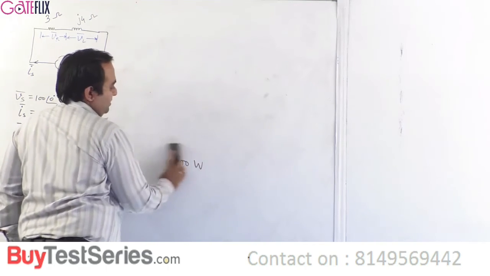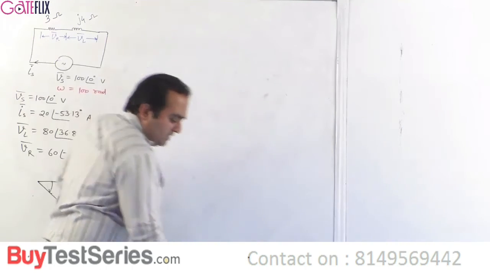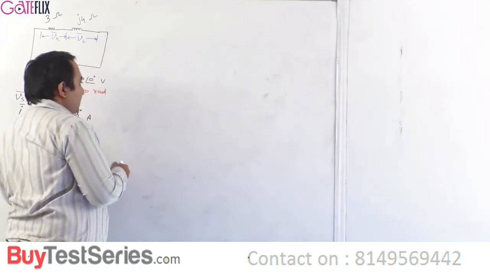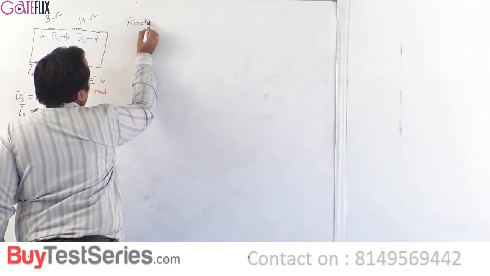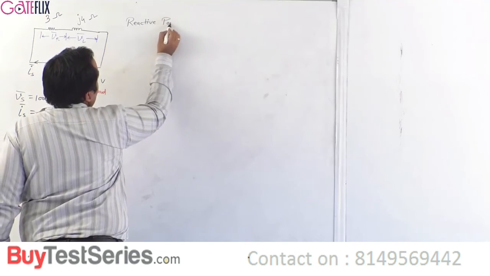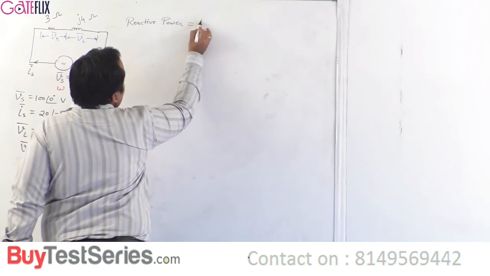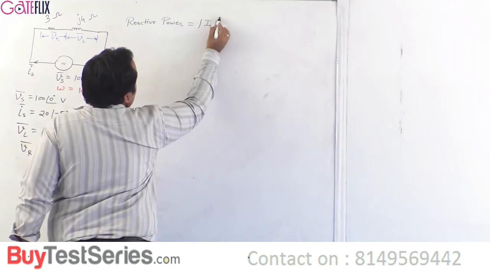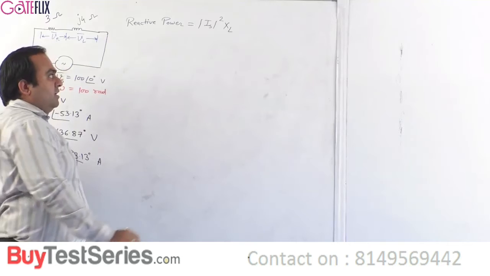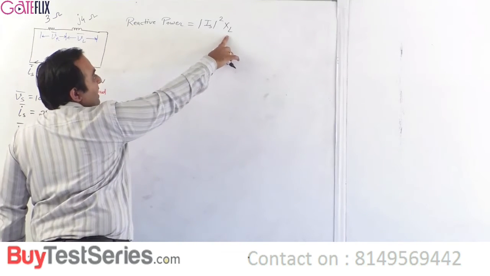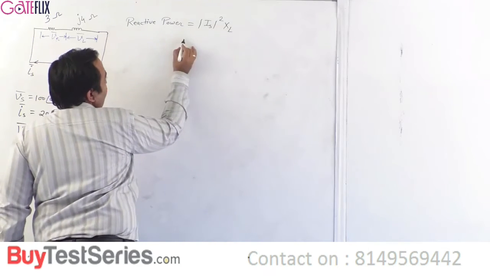Again, it's very easy. The reactive power, which is represented generally by Q, is I squared XL in magnitude. So resistance is replaced by a reactive term. This is reactance, inductive reactance.